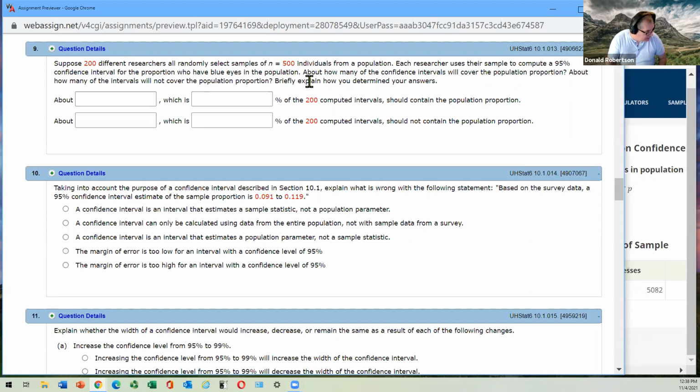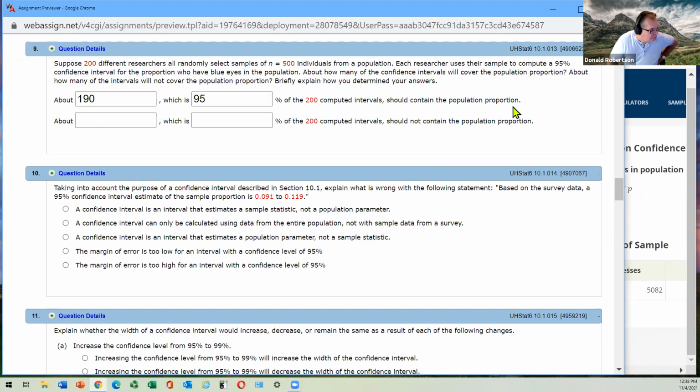If you did a 95% confidence interval, right? 95% of 500, good grief, my brain's not up today. 0.95 times 200 is 190 of them. So about 190 of them, which is 95%.